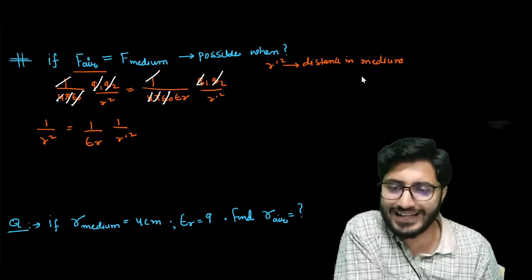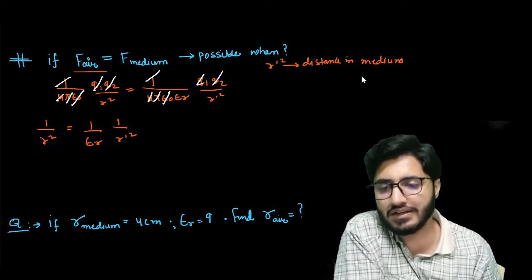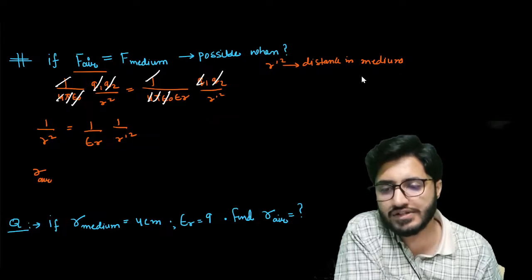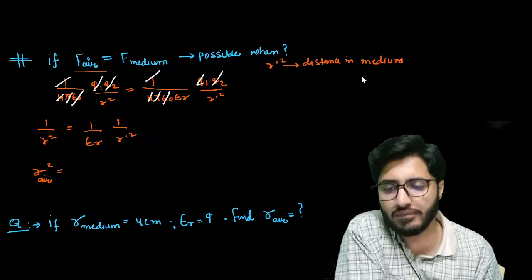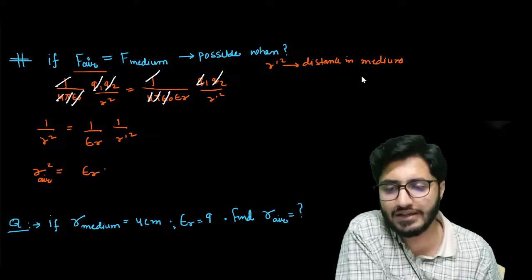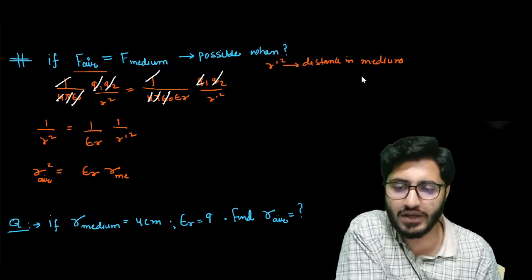So what I can write here is: distance in air square will be equal to epsilon R times distance in medium square.